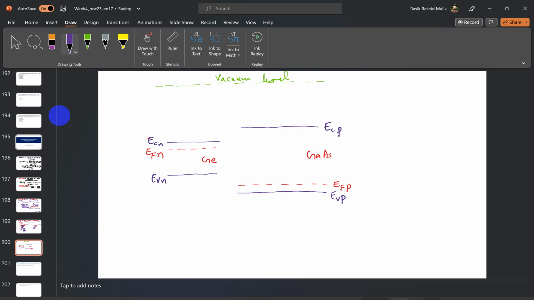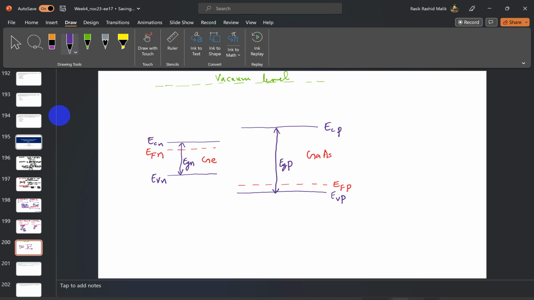Okay, and the energy band gap is, say this is the energy band gap here, which is EG on the n side, and then we have EG on the capital P side.